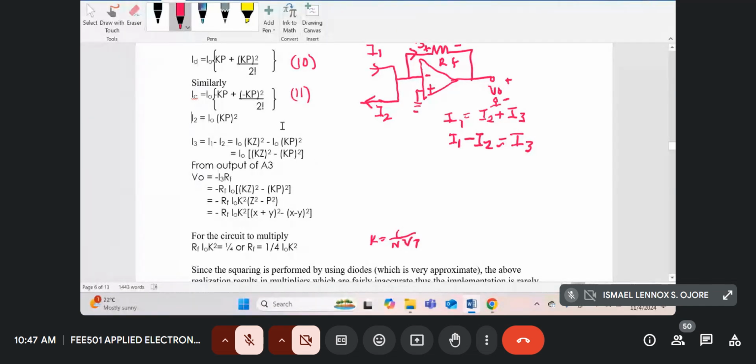But I saw that it was just written equals. That's why I deleted it. It didn't make sense. So here, after this, if you apply KCL, we get that IC plus ID is equal to I2.